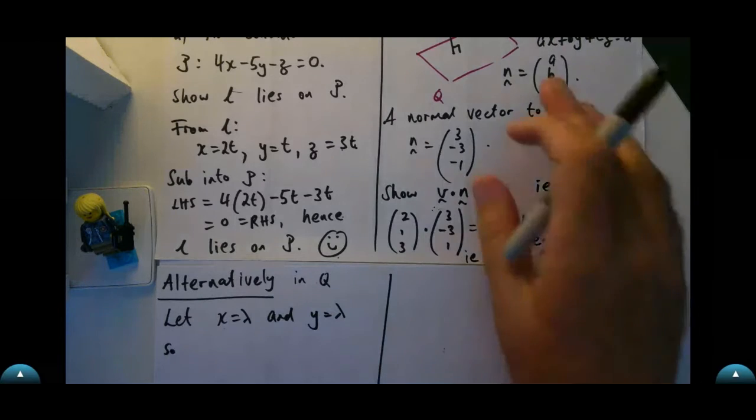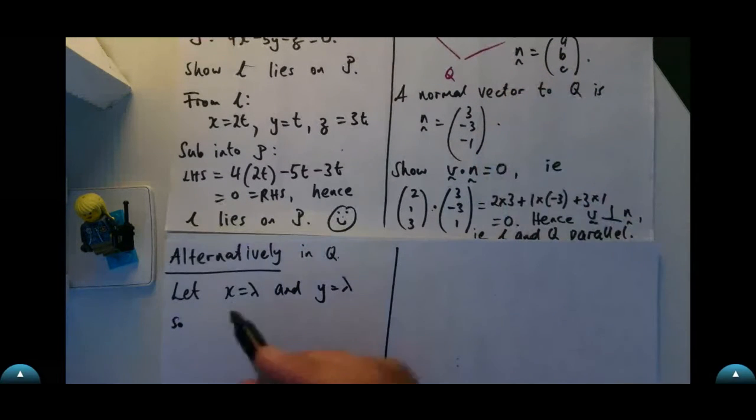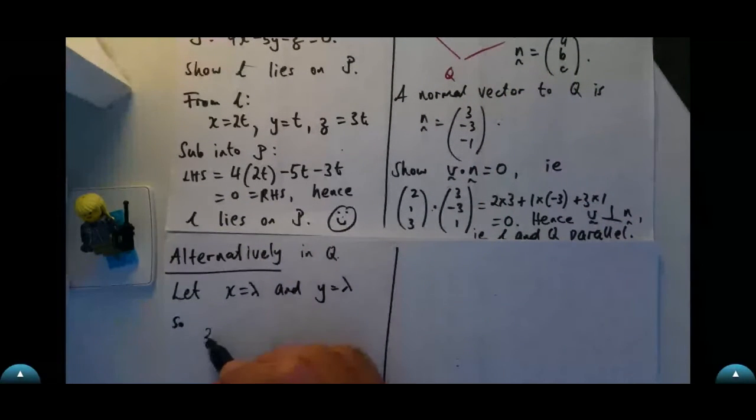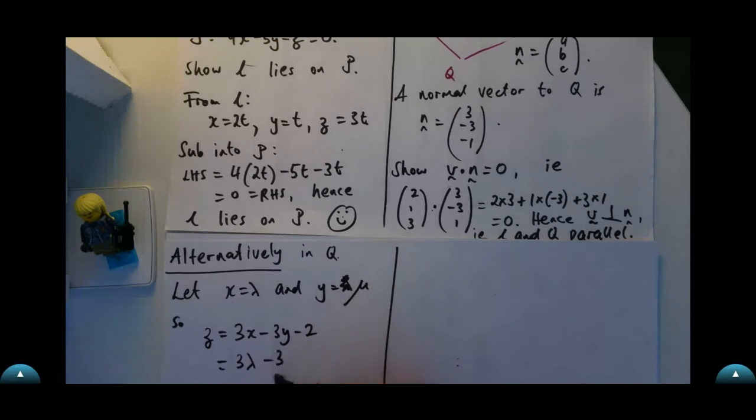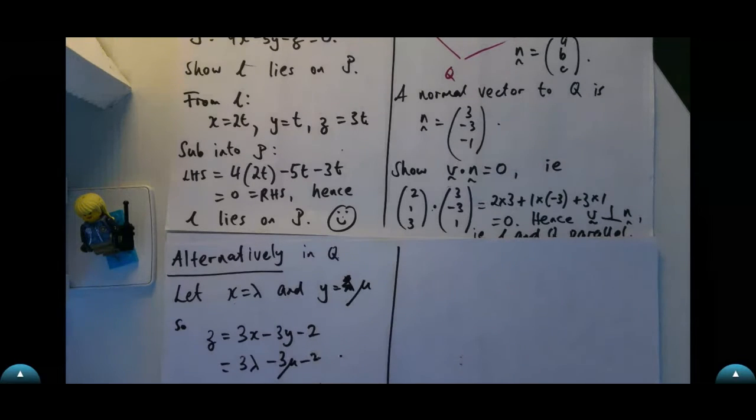So we're going to get something like z equals 3x minus 3y minus 2. So I've just rearranged the equation for Q. Yep. And so that's going to be 3 lambda, oh, sorry, this should be mu, minus 3 mu minus 2.